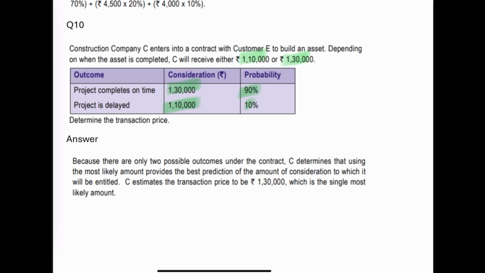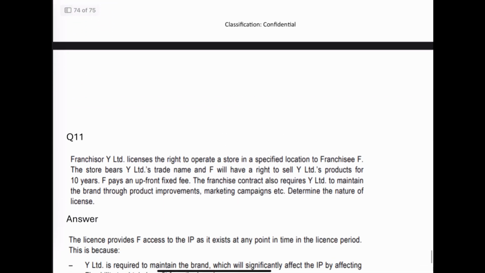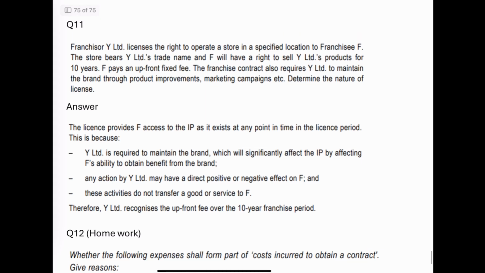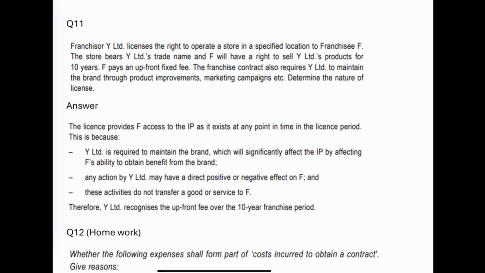So here we cannot apply the weighted average because you can have either one outcome, not all the outcomes. Either you complete on time or you get delayed. Since completion on time has a higher probability, more than 50%, we can conclude 130,000 will be the transaction price. Then let's move on to the next example.